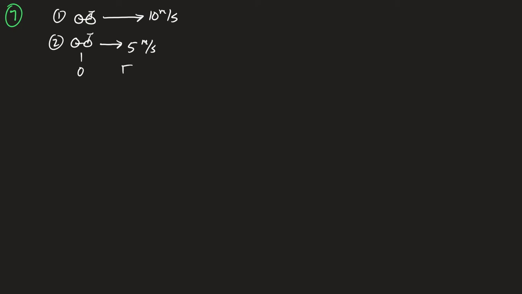Cyclist number 2 accelerates at this moment at 1 meter per second squared. And I assume it makes reasonable sense they accelerate in the direction of motion to make them go faster. They're not trying to slow down. So that at some point in the future, at some location X, both cyclists are together again.